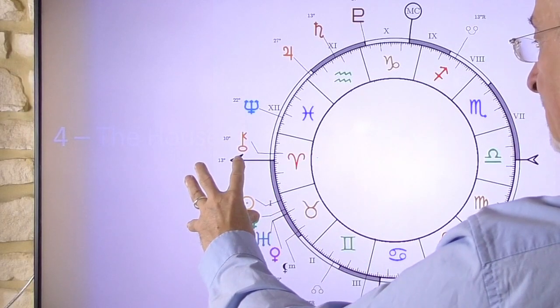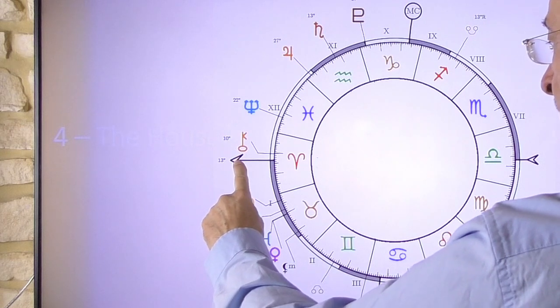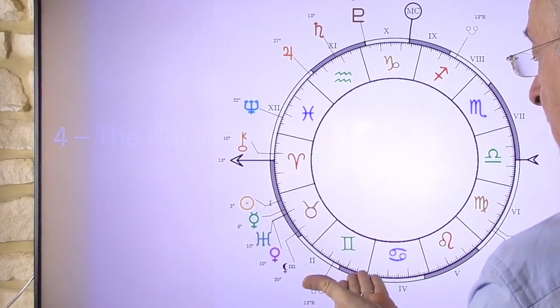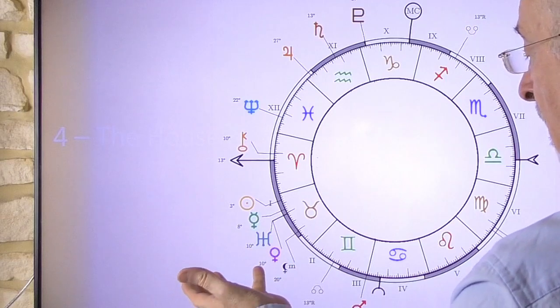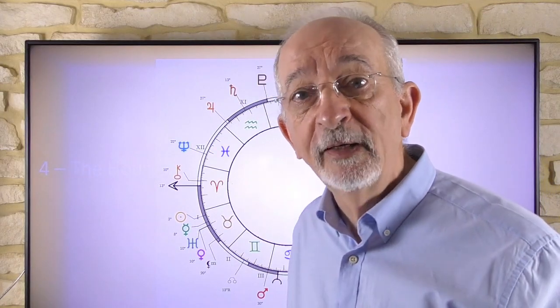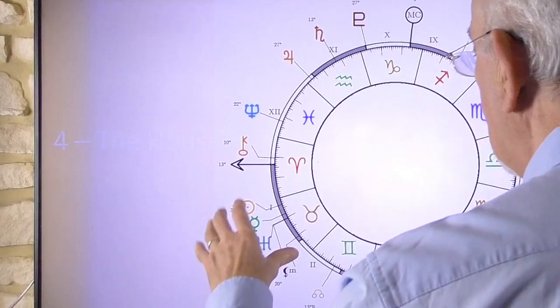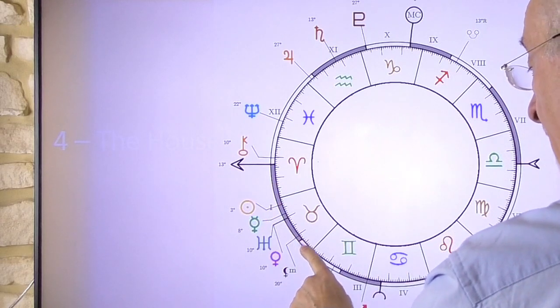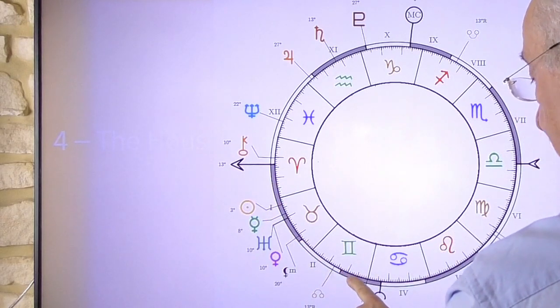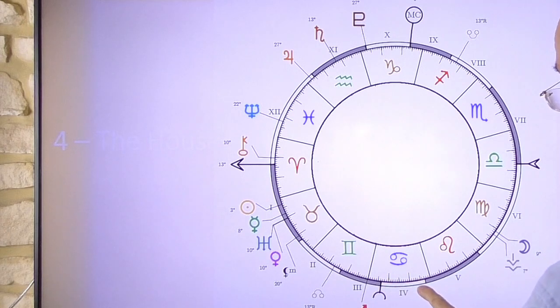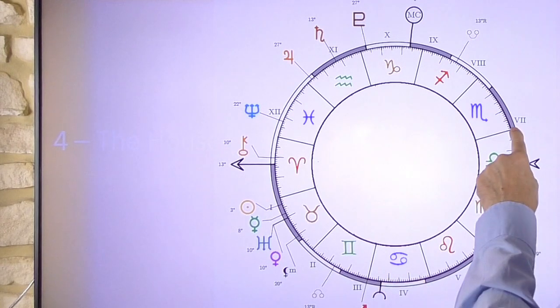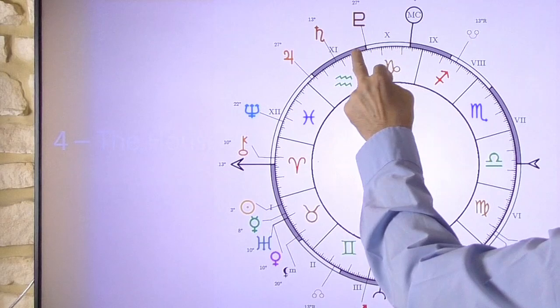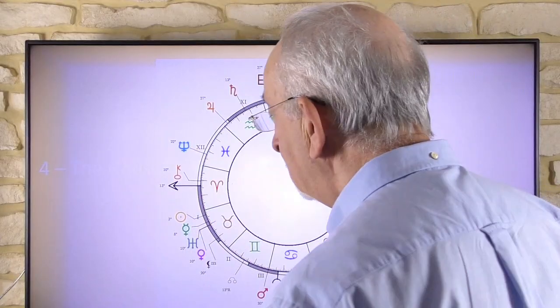The ascendant is the first house. It's here in Aries, but it can be in any other sign according to your date and time and place of birth, naturally. There comes house number 2, house number 3, house number 4, 5, 6, 7, 8, 9, 10, 11, and 12.